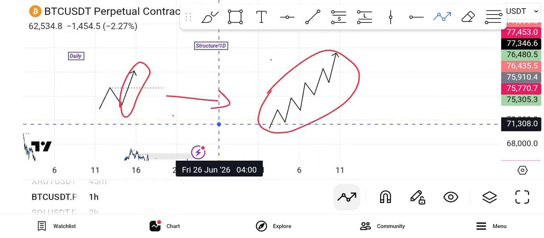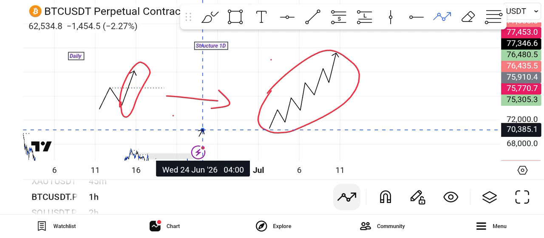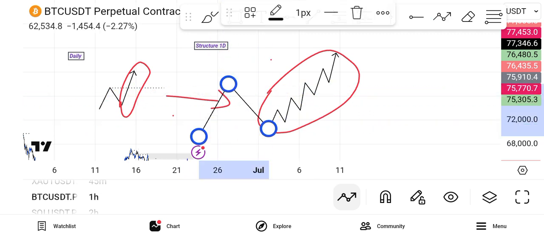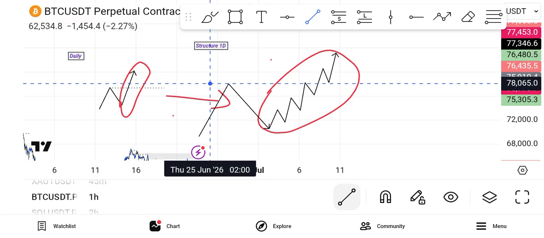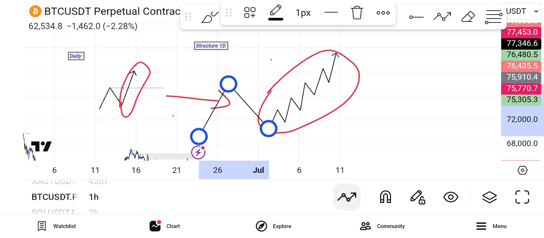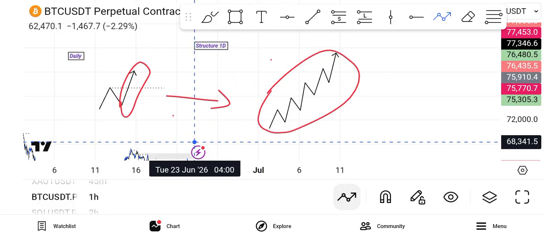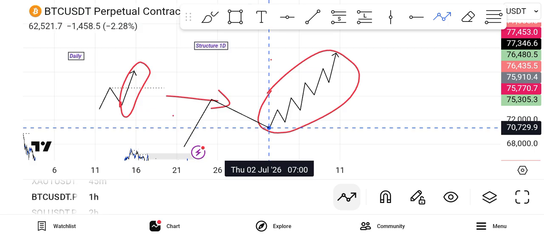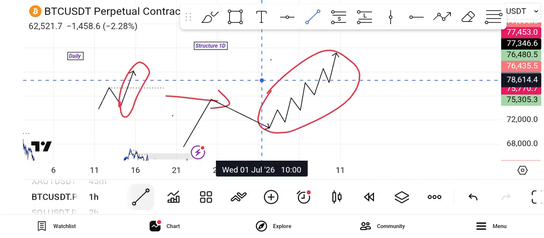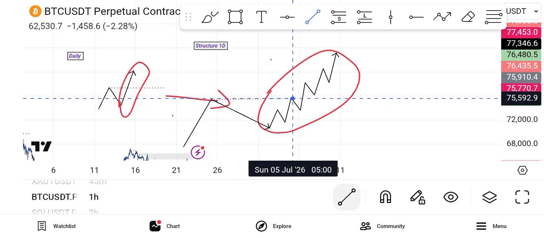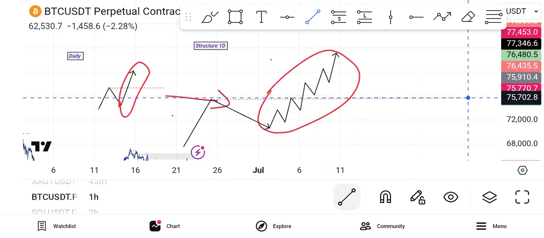So let's say the market did something like this: we have that high, we have that low. Then this is where we have the breaker. Let me make it more explanatory. Let's say we have that high, then the low before the next high that occurred in the market. Now this zone is the breaker block point.